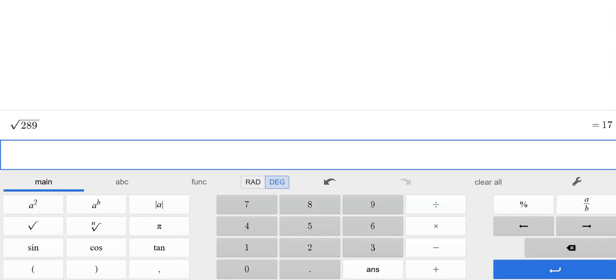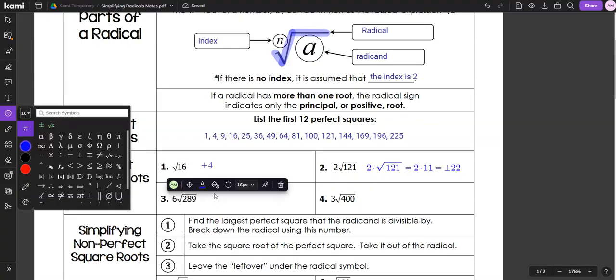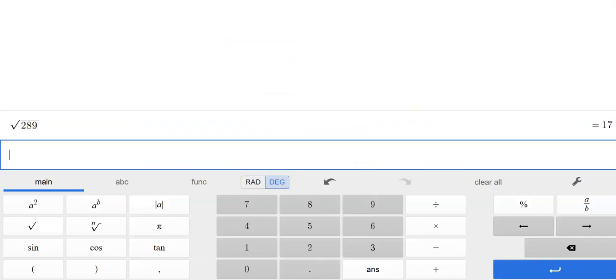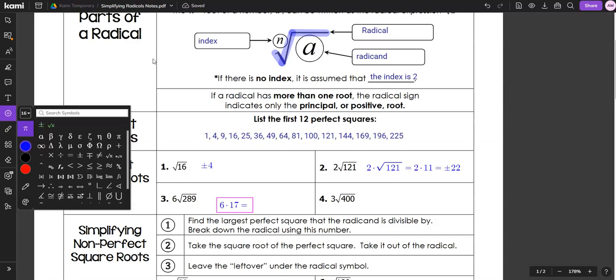It is 17, yes. All right, so this is going to be 6 times 17. And 6 times 17 is going to be 102. And again, right now I'm just going to go ahead and leave the positive answer.